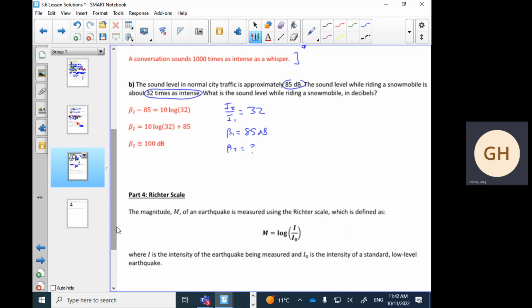So you're given that information, plug it in, and solve it out. This just evaluates as a number, because log base 10 of 32 is just a number. Ten times that number, add 85, so this is just a case of evaluate.